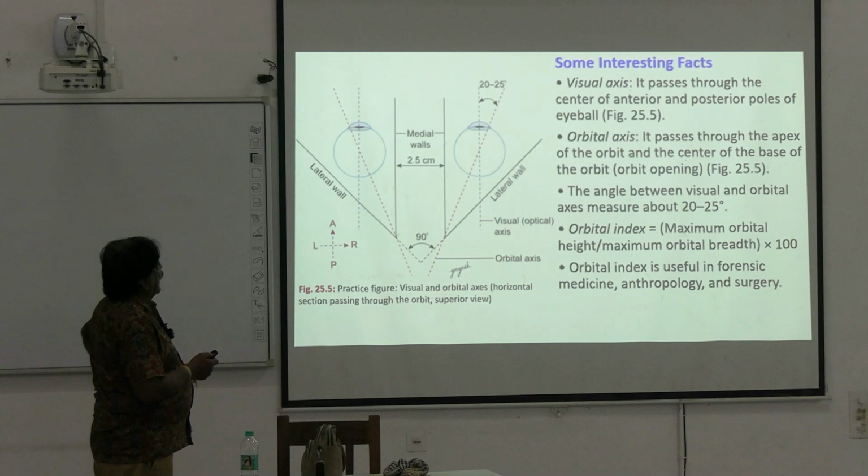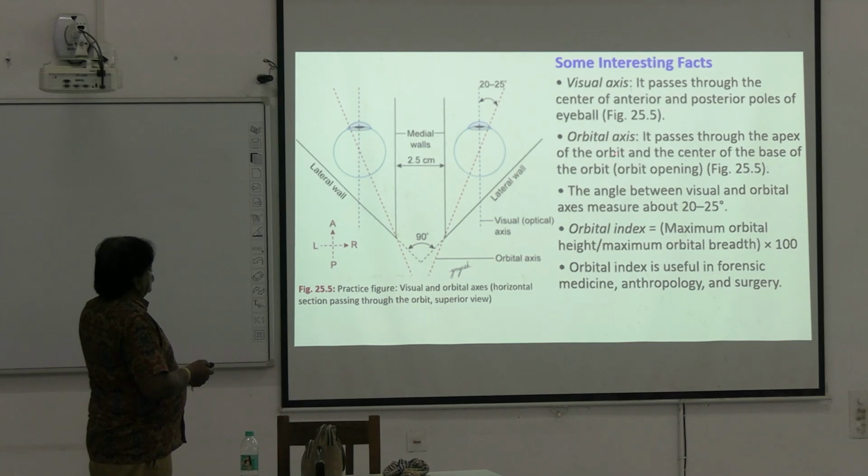Now, some interesting facts. The visual axis passes through the center of the anterior and posterior poles of the eyeball. See, this is the medial wall, 2.5 centimeters. This is the eyeball. This is the visual axis.